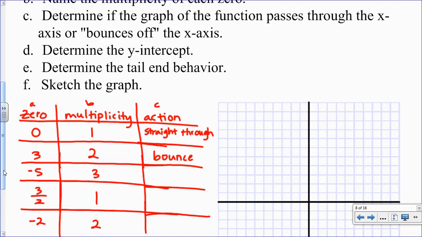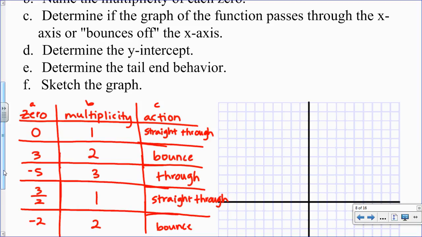So if the multiplicity is 3, does it go through or bounce? Through. And it has an inflection. Okay, when the multiplicity is 1, does it go through or bounce? Yep, straight through. And then when the multiplicity is 2, does it go through or bounce? Bounce. Okay.